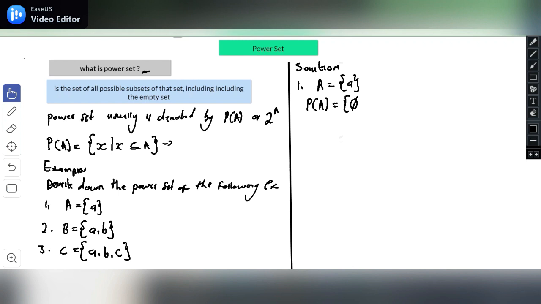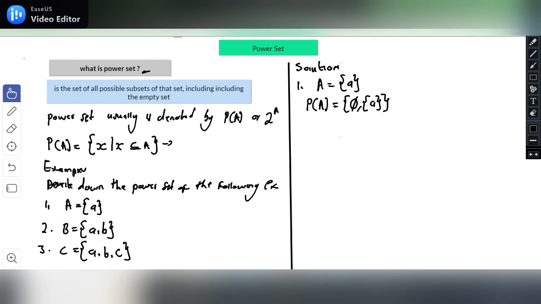Always, whenever you write a power set, the first element that you write is the empty set. Therefore, after that we have a, so we open braces, which include a, and then we close it. That's it. So it tells us how many subsets we have. You can see that we have two subsets here.